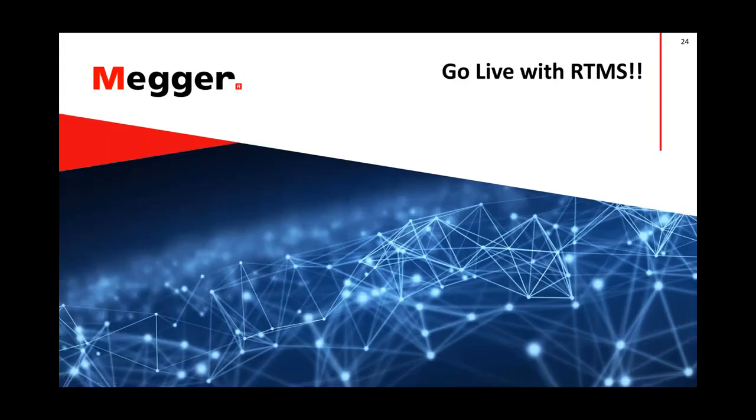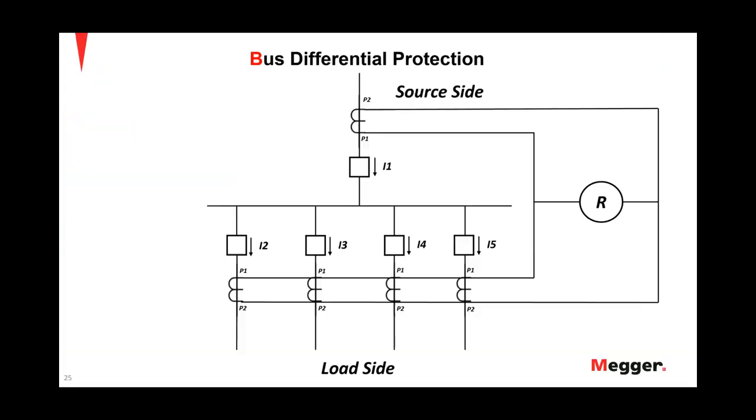In the second half of the webinar, I'm going to talk about bus differential protection. What I have here is a simple representation of the bus differential scheme. Like David explained before, differential protection works on the principle of KCL.